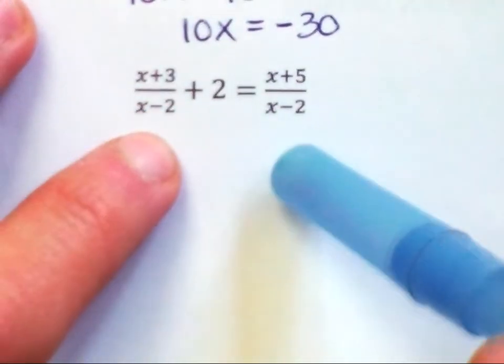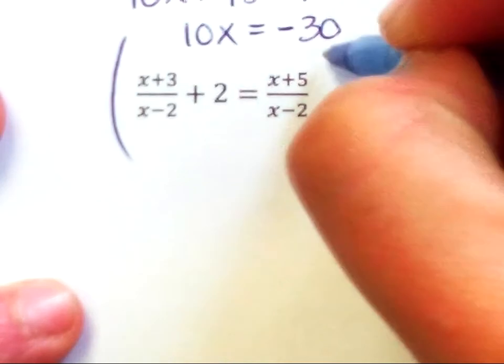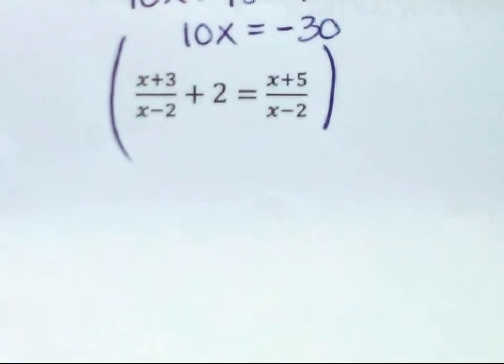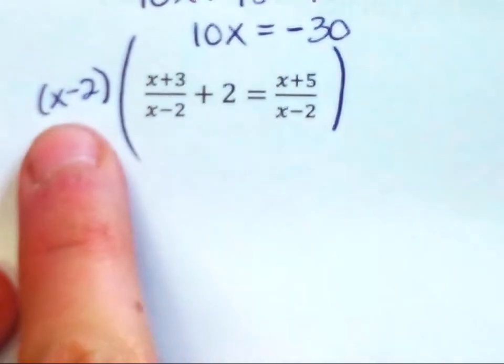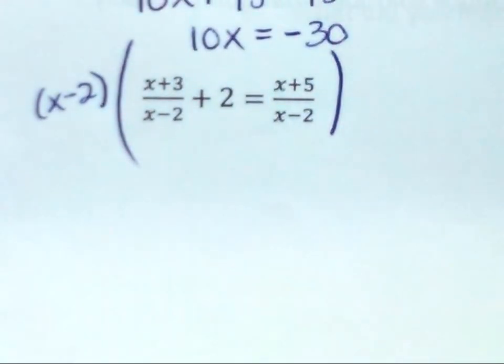Our denominator is x minus 2. And that's the only one. So we're actually going to use x minus 2, that whole factor, as our fraction buster.